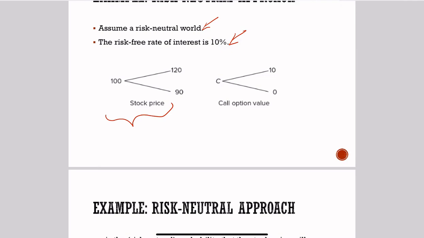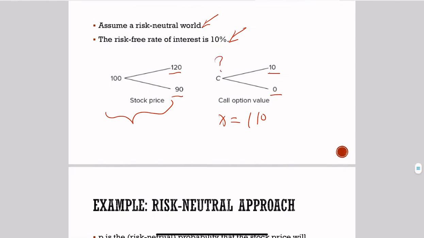And we are looking at a call with exercise price of 110. So you can see that if stock price turns out to be 120, then the call option's payoff would be $10. If the stock price turns out to be 90, then the call option's payoff would be just 0.